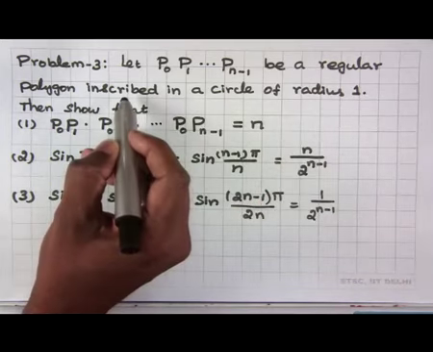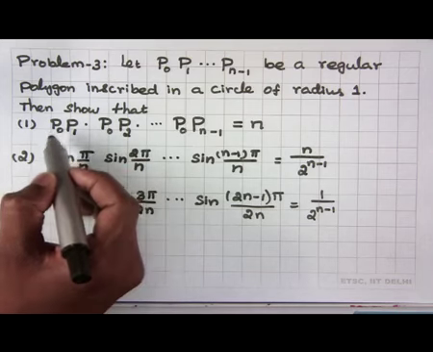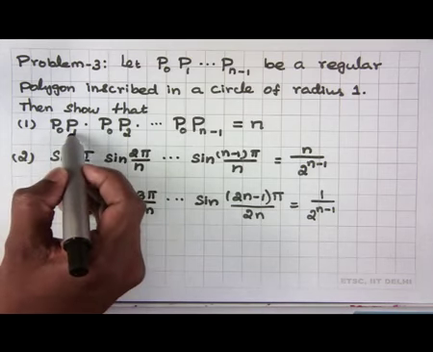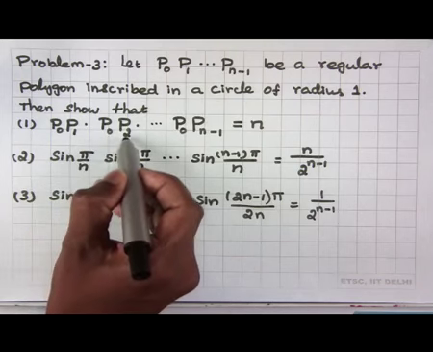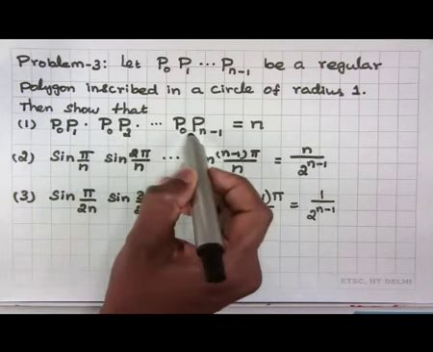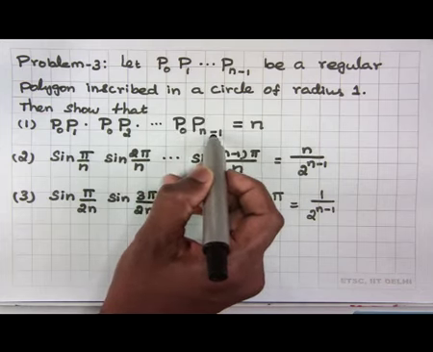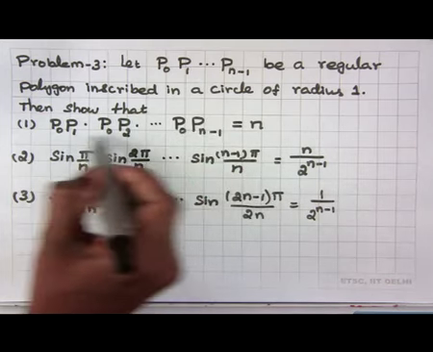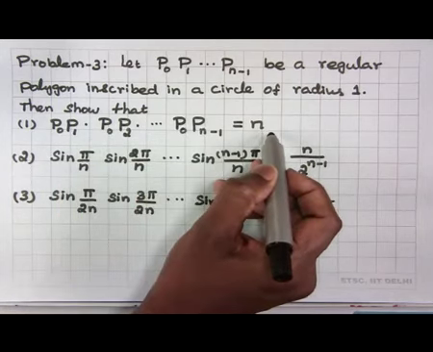With this given assumption, we are going to show that the distance from p naught to p 1, multiplied with the distance from p naught to p 2, till the distance from p naught to p n minus 1, these n minus 1 terms, when you multiply, you get the value n. That is an interesting identity.